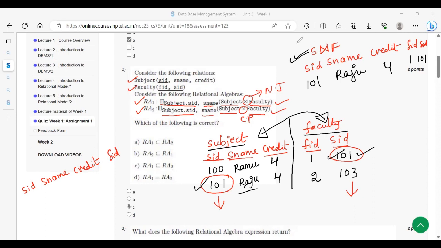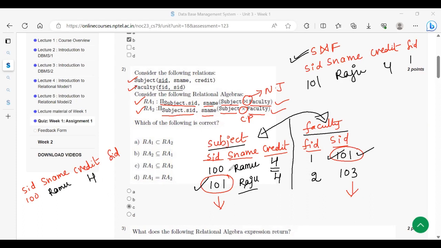No need to write this again because we already wrote it once. So now, in cross join, 100 Ramu, and remember this value is 4.